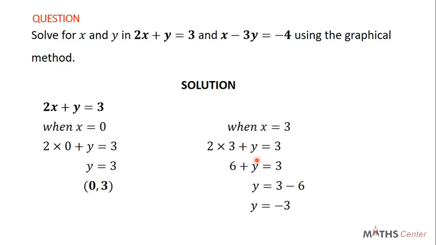So y is equal to minus 3. And I have my other point. X is 3 and y is minus 3, not minus 1. So I have my 2 points, 0, 3, and 3, minus 3.